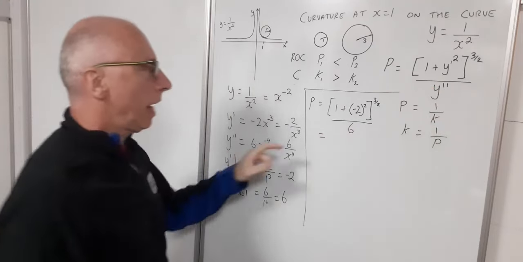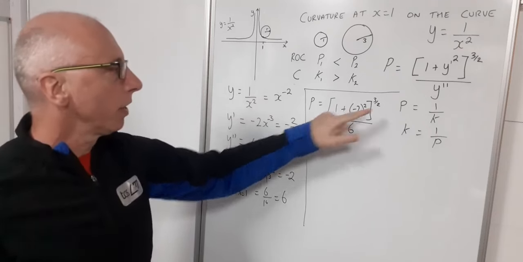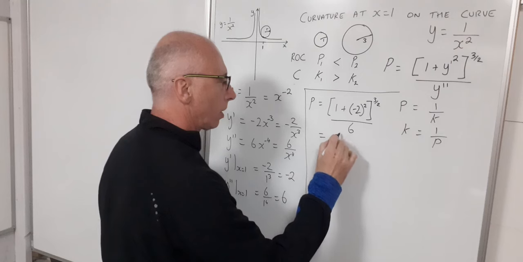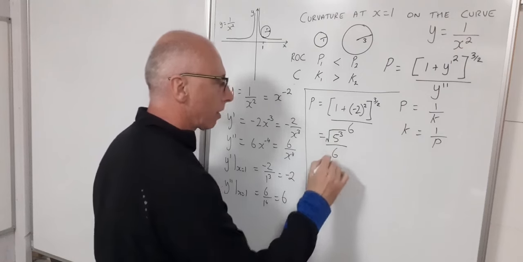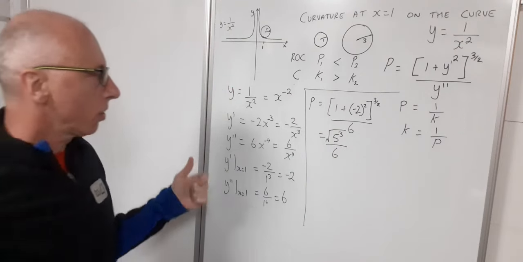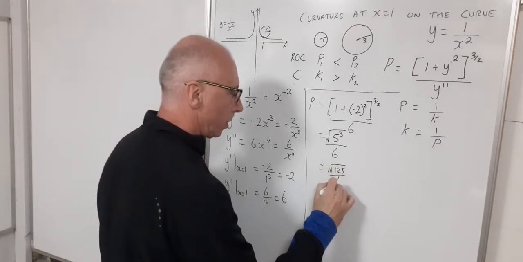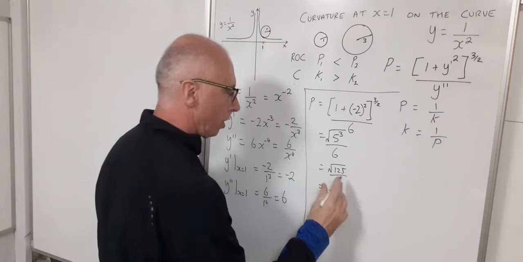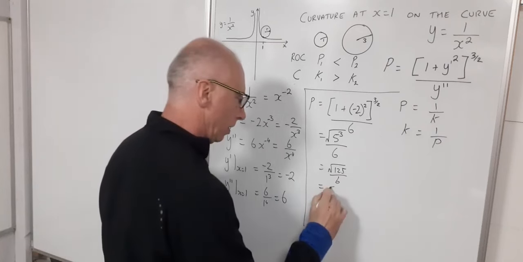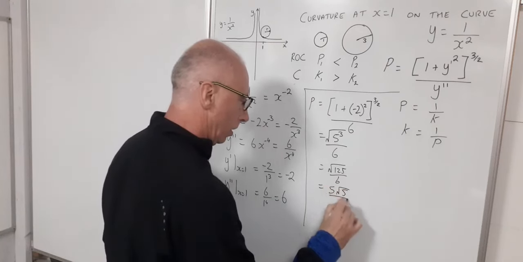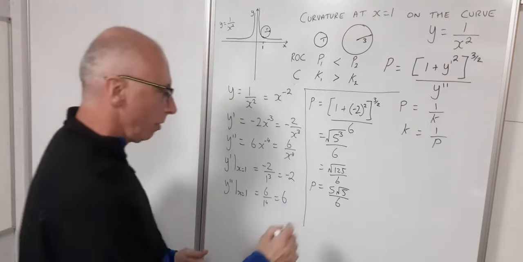Okay, so now we've got 1 plus minus 2 squared, which is 4, so that's going to give me 5. So I've got 5 cubed and then the square root of that divided by 6. So now I've got square root of 125 over 6, which gives me 5 root 5 over 6. So that's my radius of curvature.